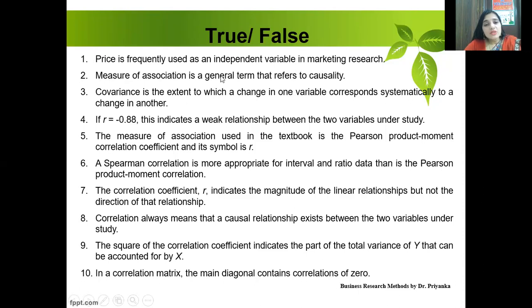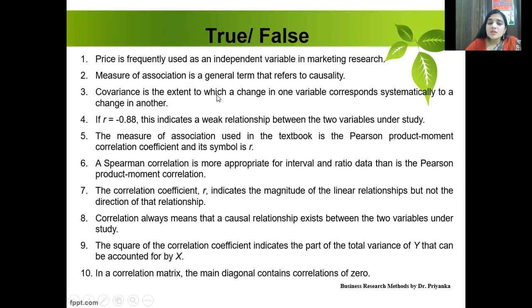Second, measure of association is a general term that refers to causality. Is it? Measure of association is a general term that refers to a number of bivariate statistical techniques used to measure the strength of a relationship between two variables. And causality is not always hypothesized or determined with the help of measure of association, right? So this is false.